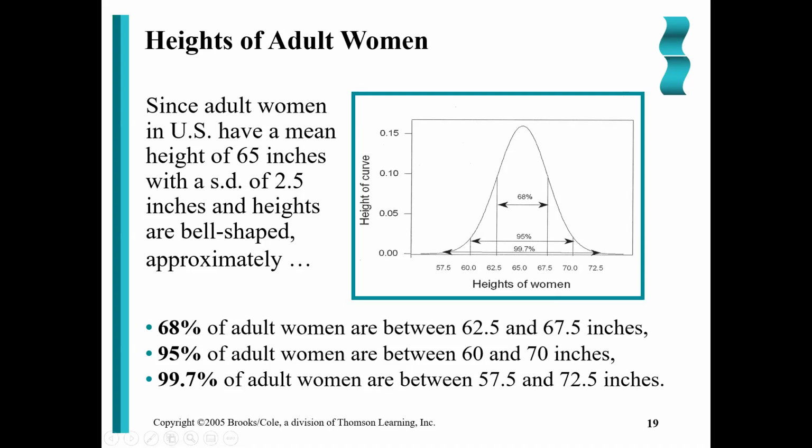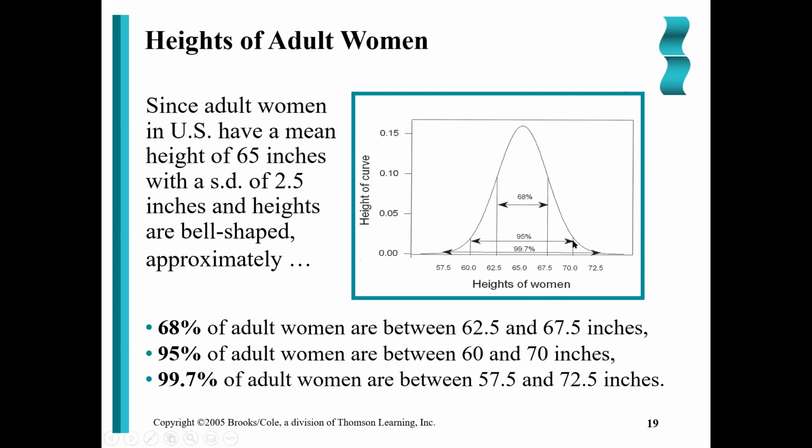Now, if we wanted to know something like what percentage of women have heights bigger than 70 inches? If I ask you a question like that. Well, 70 inches is 2 standard deviations bigger than the mean, right? Standard deviation is 2.5. 2 times 2.5 is 5. 5 plus 65 is 70.